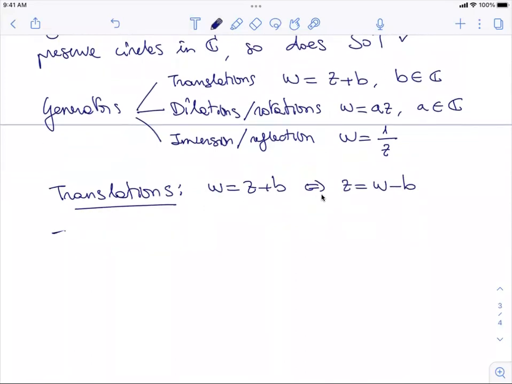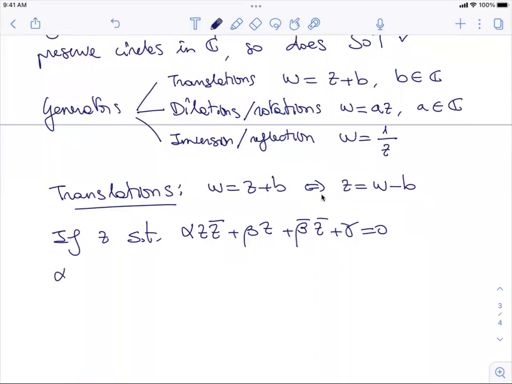Okay, so if Z is in a circle, meaning it satisfies alpha Z Z bar plus beta Z plus beta bar Z bar plus gamma equals 0, and here as before, alpha and gamma are real numbers, beta is a complex number, and we have the condition alpha gamma less than the modulus of beta squared.